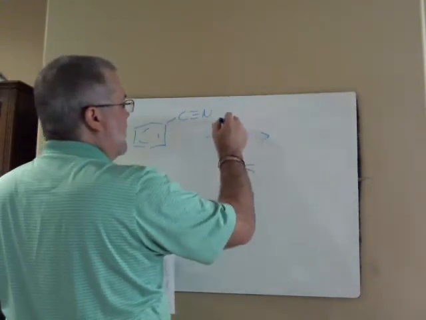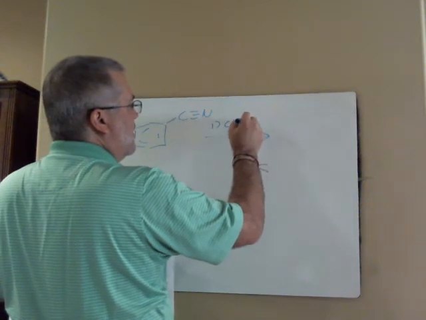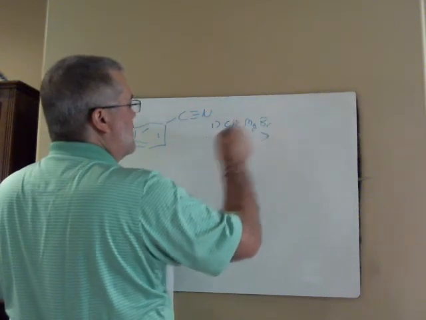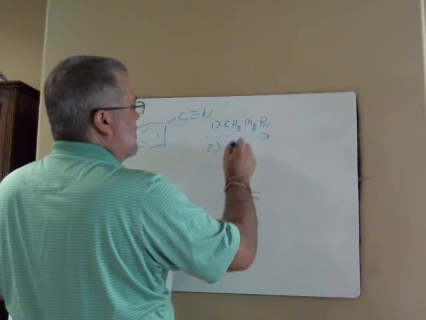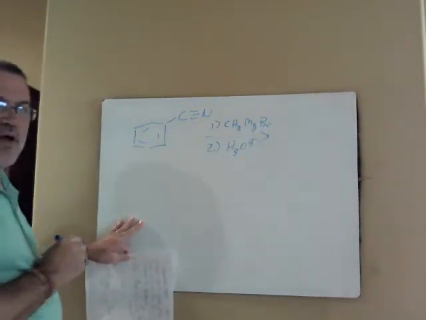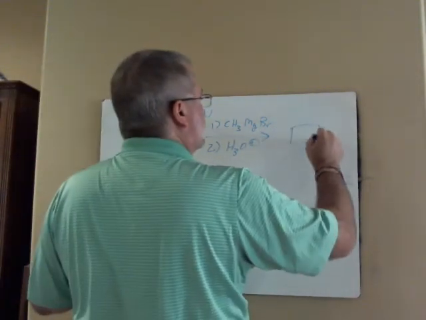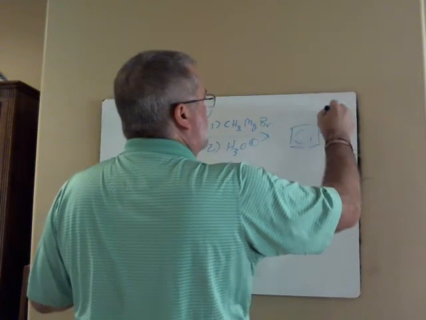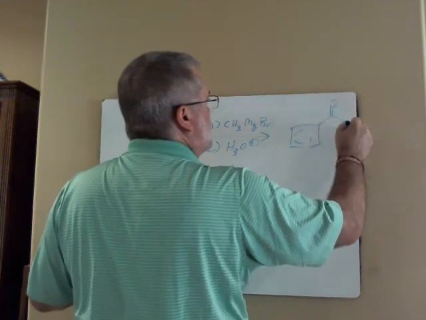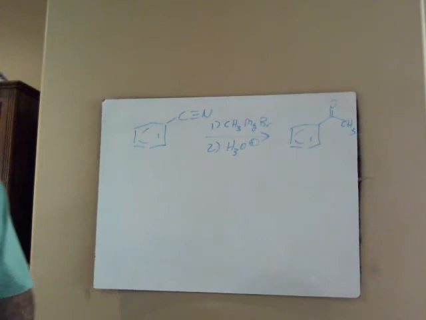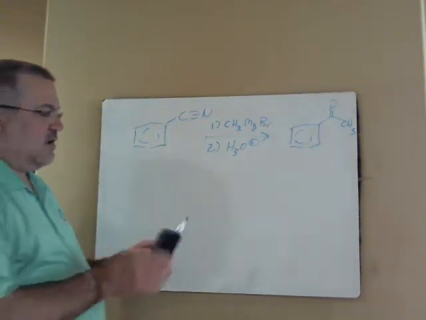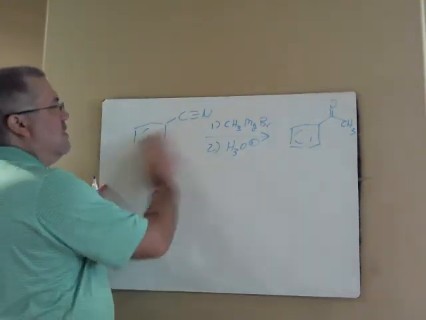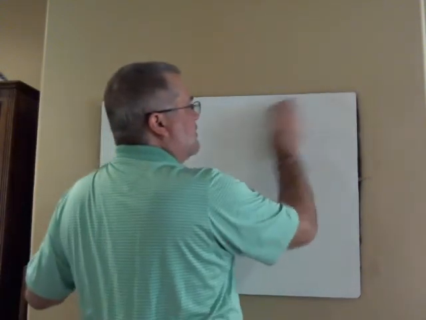You react it with, and let's just use a methyl Grignard, then aqueous acid workup. The conversion is to the ketone. Right? That concludes the reactions of nitriles.